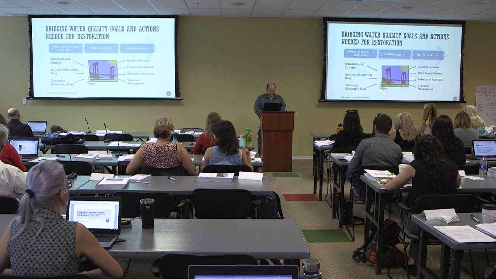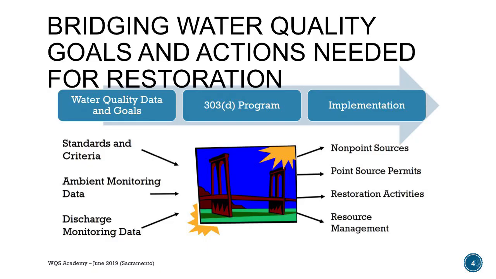All right. Well, this is a fun diagram. And the idea is that the 303D program basically is a link. It helps take the information that you have and the standards that you have, and it helps identify your impairments, your pollutants, your problem waters. And it also has a tool, the TMDL tool, to come up with a plan for restoration.